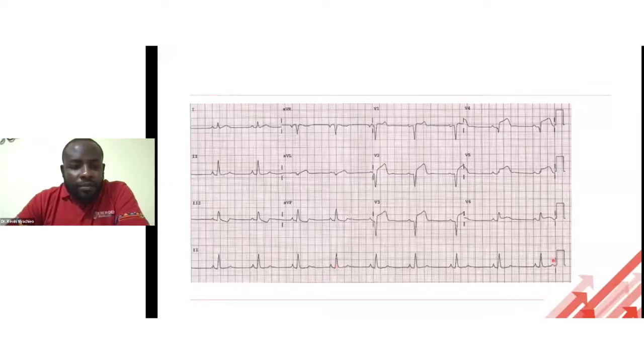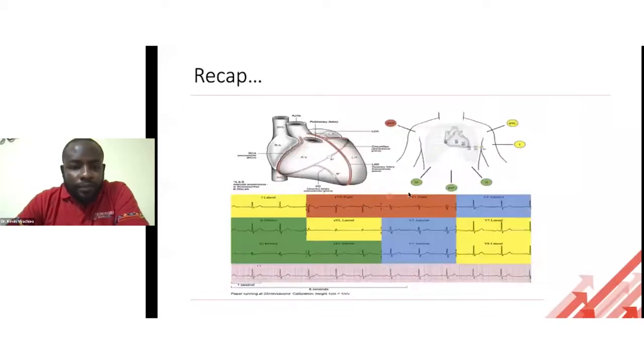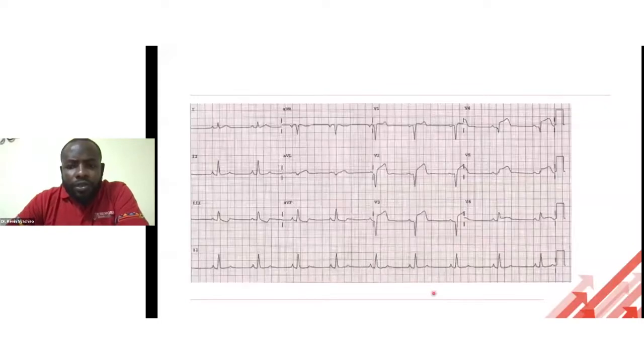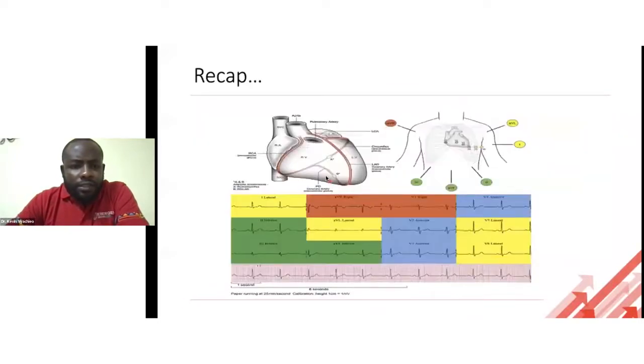From the initial diagram that I showed you guys, remember, anteroseptal MIs are usually a result of occlusion of the left anterior descending artery.